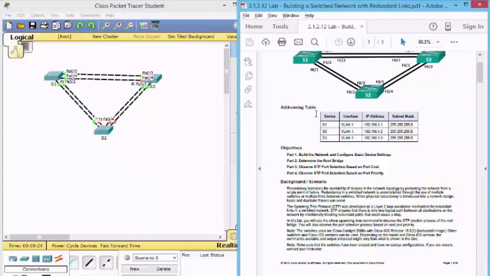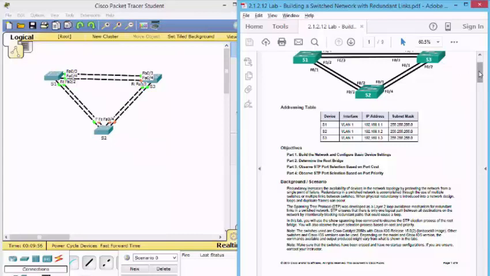A native VLAN is by default assigned to trunk ports. Trunk ports are links between switches that support the transmission of traffic coming from many VLANs, as well as traffic that does not come from a VLAN, such as untagged traffic.